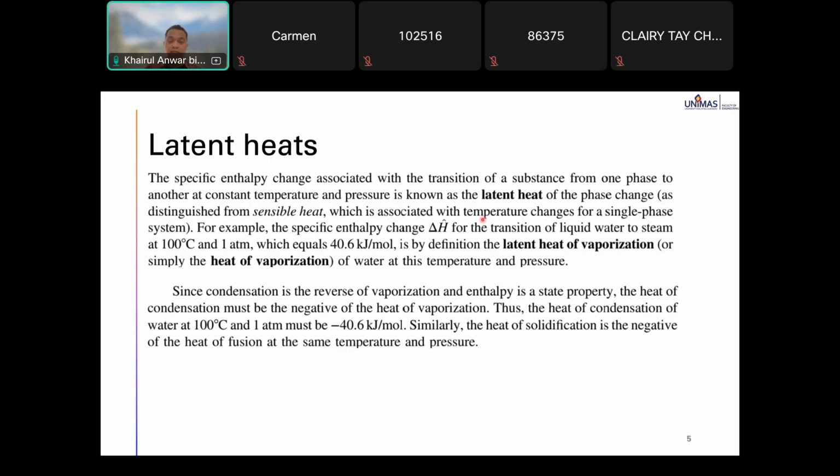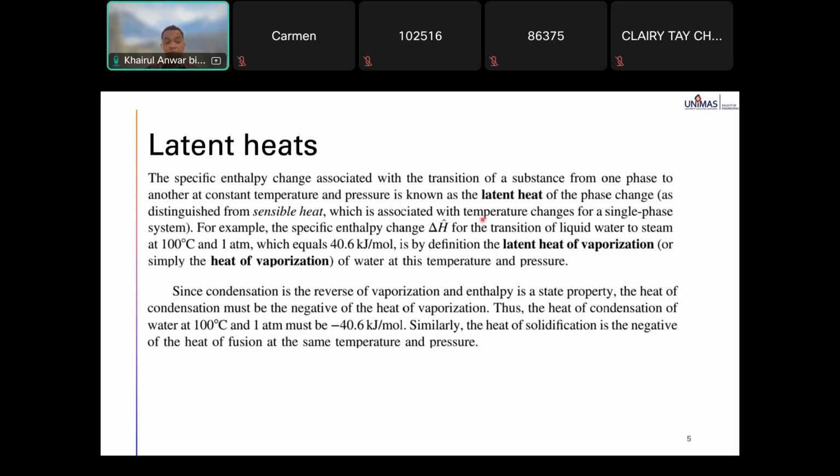So we have latent heat. The specific enthalpy change associated with the transition of a substance from one phase to another at constant temperature and pressure is known as latent heat of the phase change, as distinguished from sensible heat, which is associated with temperature changes for a single phase system.